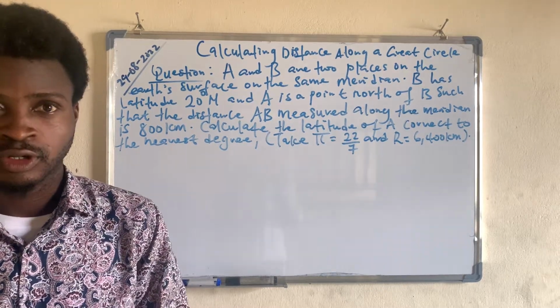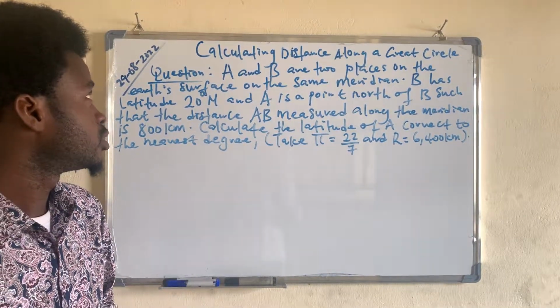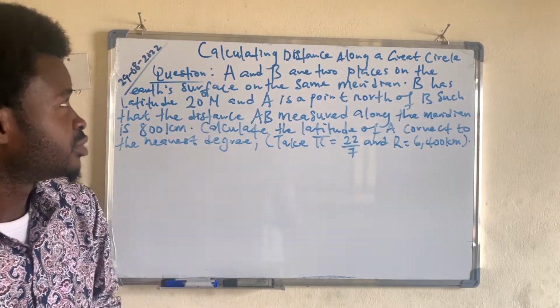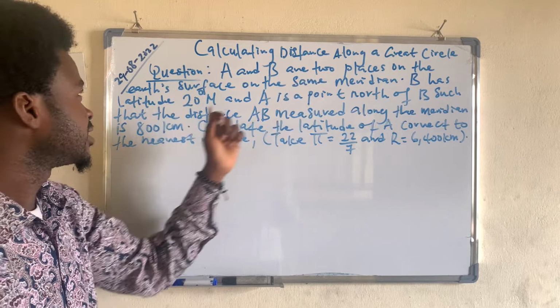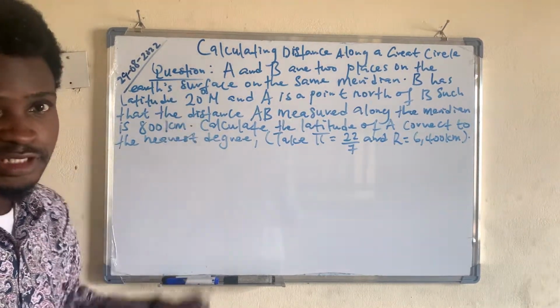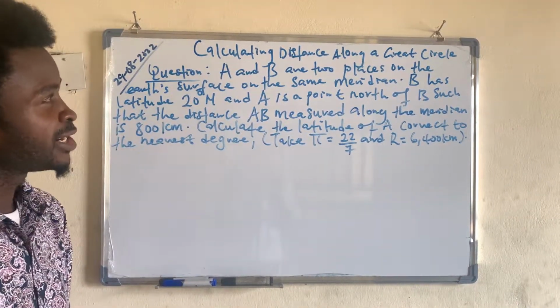Latitude and longitude. As you can see on the board, we have a question. The question says, A and B are two places on the Earth's surface on the same meridian.